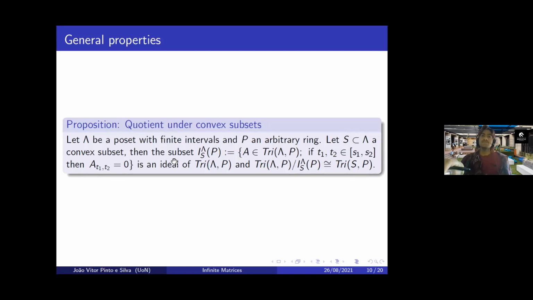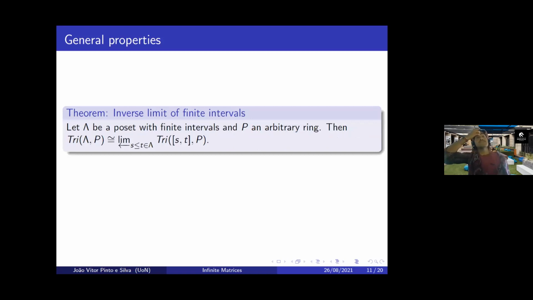And these results also bring us to how we can put topology on our studies. So if you have a poset with finite intervals and P an arbitrary ring, then the ring of triangular matrices indexed by our poset will be just the inverse limit of all the ones that are indexed by the finite intervals.